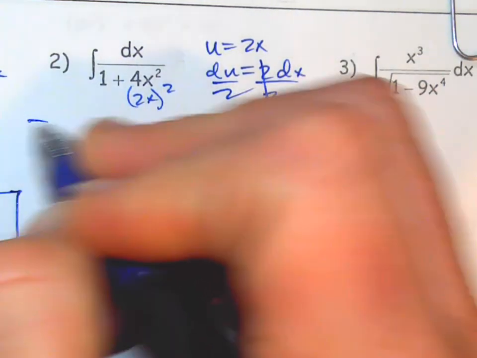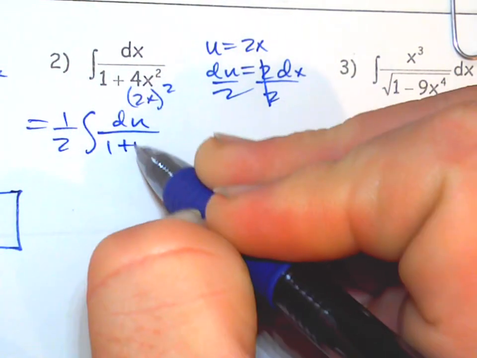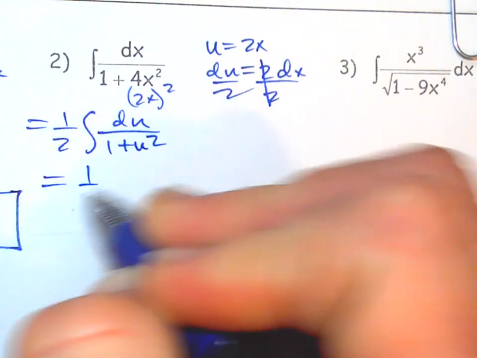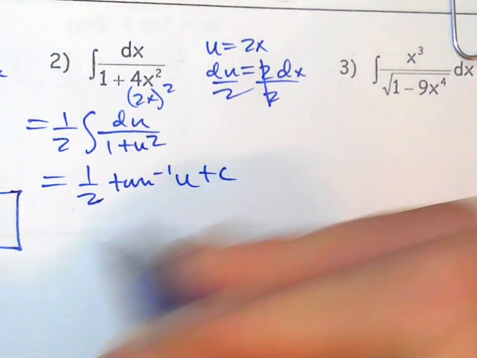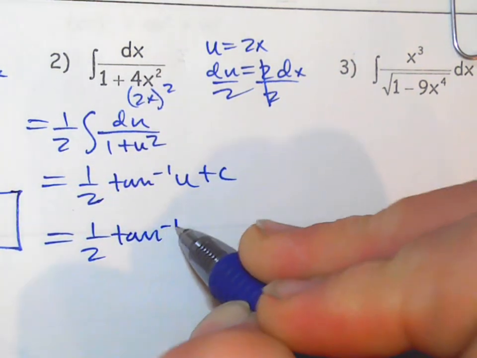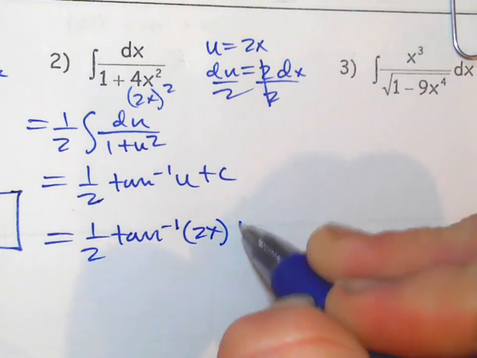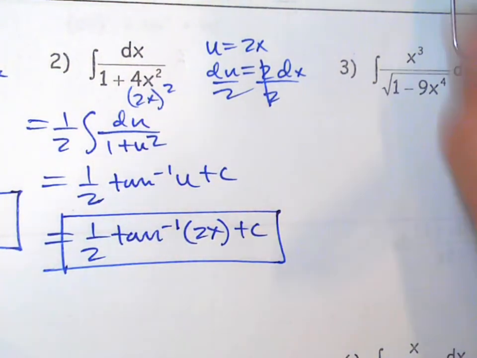So this is going to be 1/2 du over 1 plus u squared, which is 1/2 inverse tangent of u plus c, which is 1/2 inverse tangent of 2x plus c. There you go.